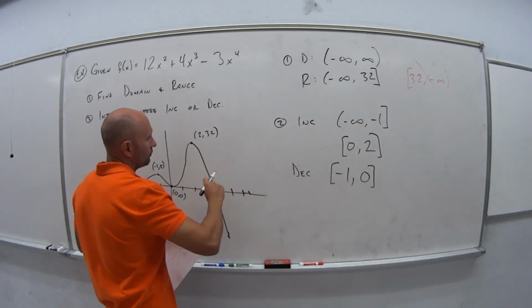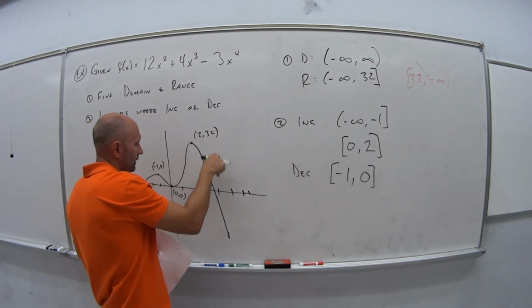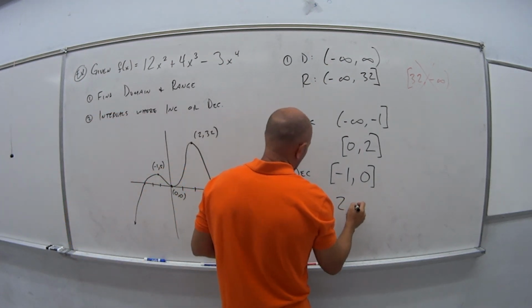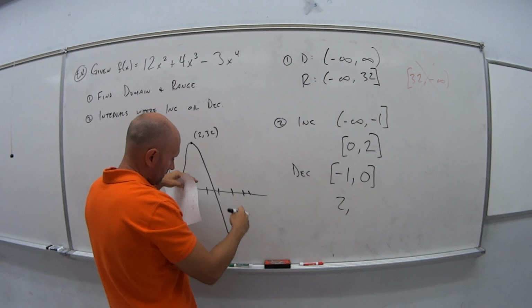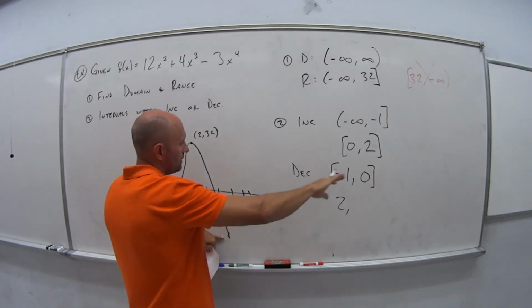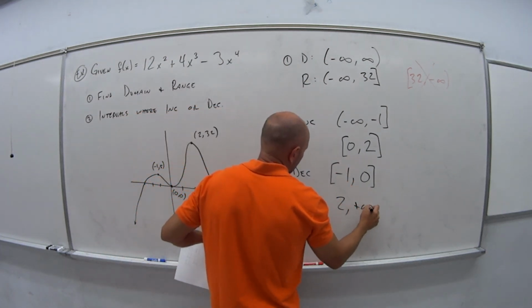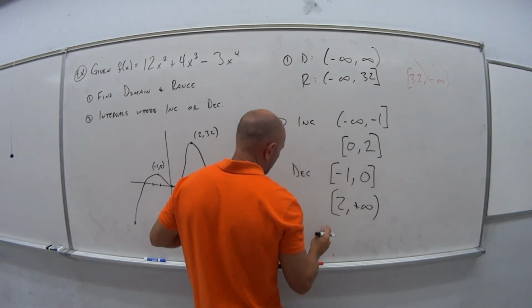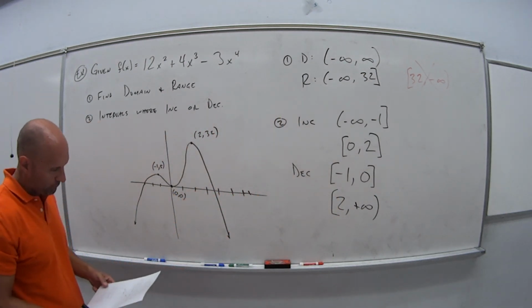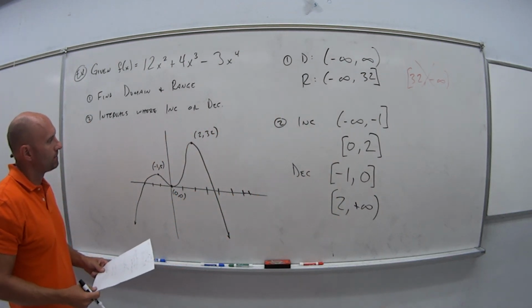What are my x values where this thing is going downhill? It's from 2 out to +infinity. The actual y value is going to -infinity, but out to +infinity is how far I have to account for it in x. So I get 2 up to +infinity.